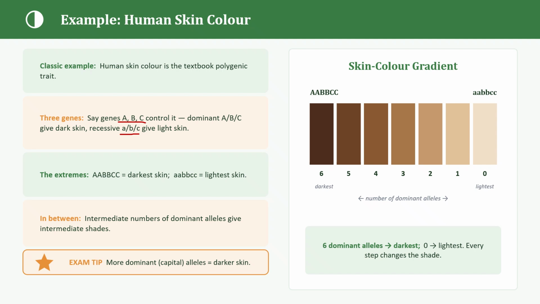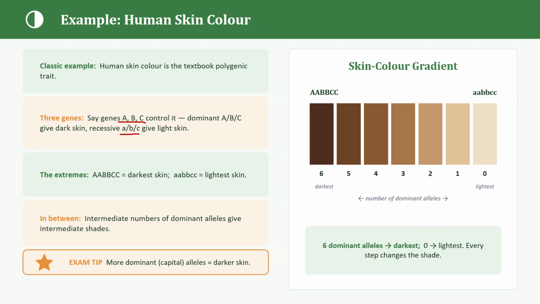If you think about pigmentation, what gives color to your skin is the melanin pigment. Each dominant allele adds a small amount of melanin pigment, which is why dominant alleles give darker color. Now the extreme phenotypes.